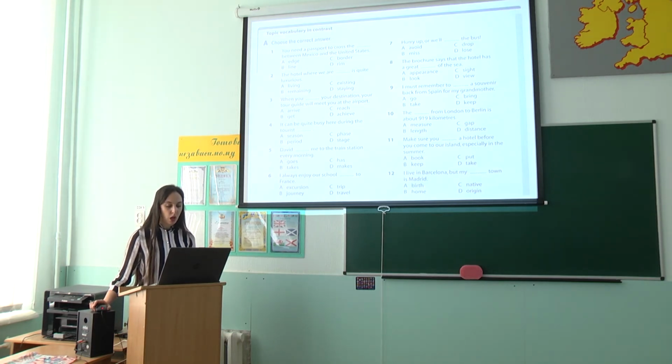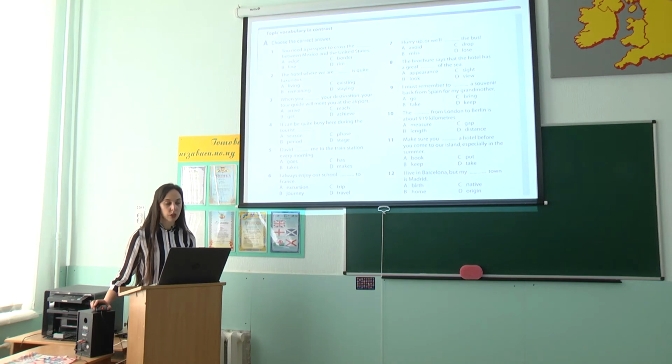What about line? Line is a mark on a surface, and border, that is an official line. So I'm sure that you understood that the correct answer is border. The same thing we need to do with the rest of this assignment.